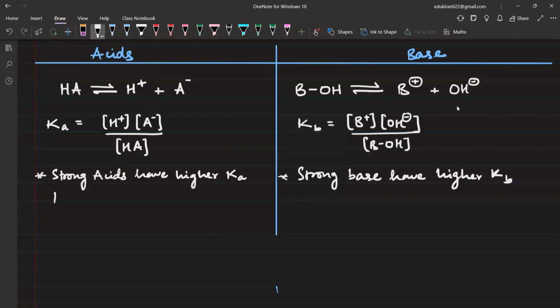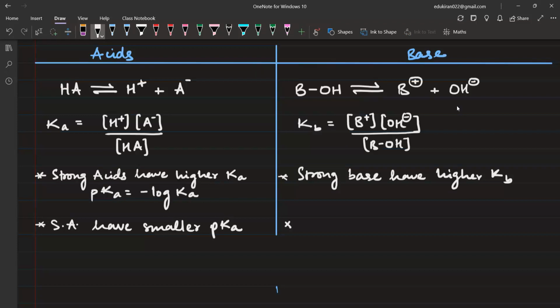ठीक है, pKb क्या होता है? pKa is equal to minus log of Ka. So from here we can write, since जब Ka बड़ा होगा तो नेगेटिव वाला टर्म छोटा हो जाएगा, so we can write strong acids have smaller pKa. और यहाँ पे हम क्या लिख सकते हैं? pKb is equal to minus log of Kb.